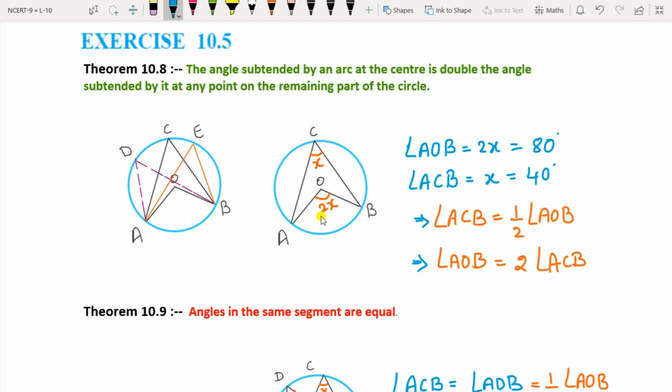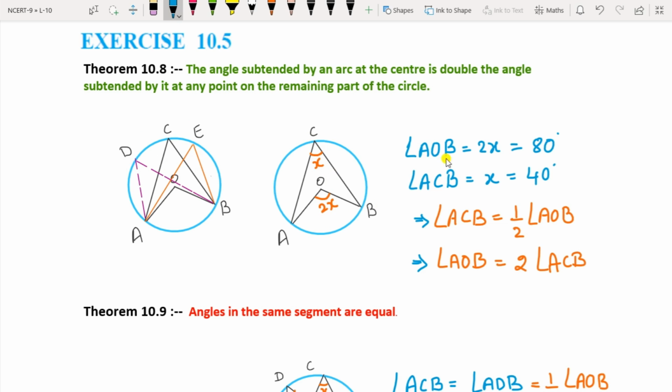AOB will be twice that of ACB. That means ACB will be half of AOB. So wherever the point may be, either on D or on E, these angles all lie in the same major arc, so they will be half of the angle at the center.